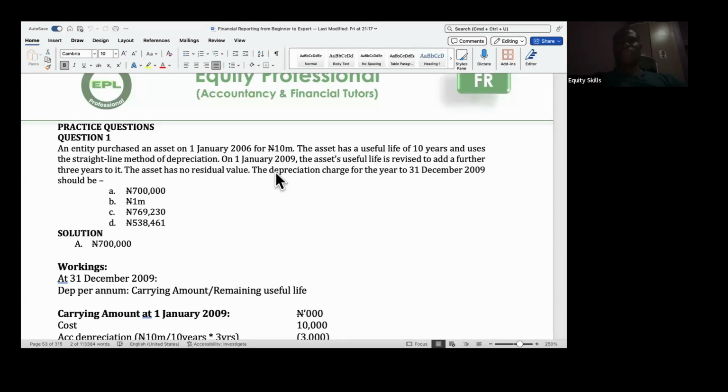But if you have a revaluation deficit, that deficit should go to P&L.